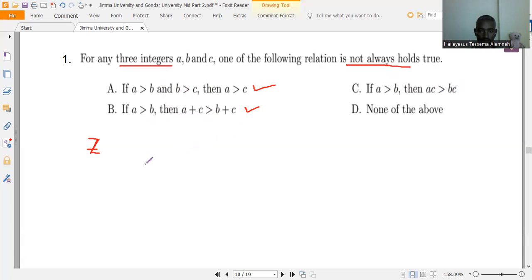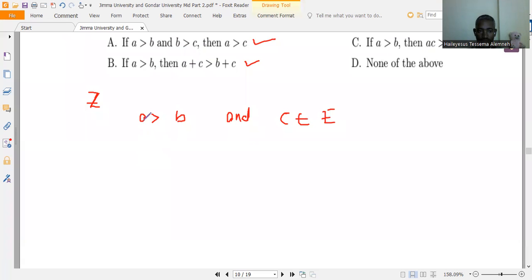Now let's come to this one. If a is greater than b and c is an element of the negative integers, a times c will change the sign of the inequality.